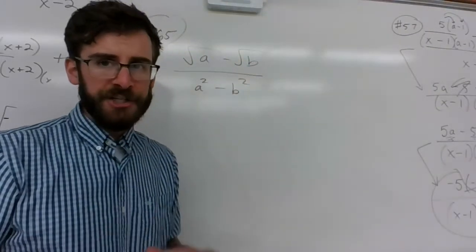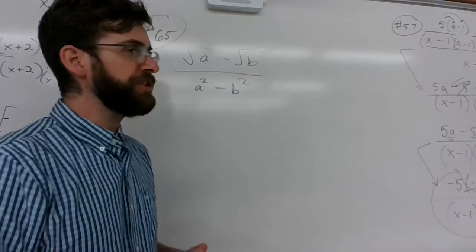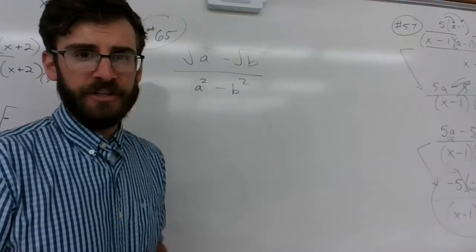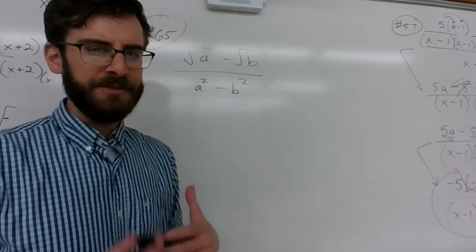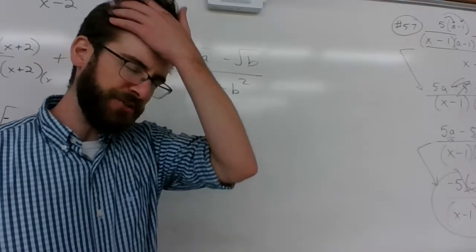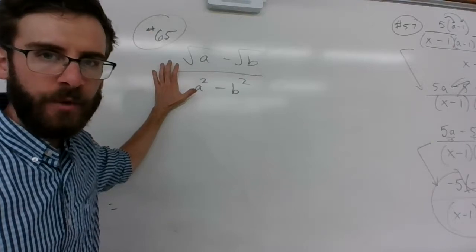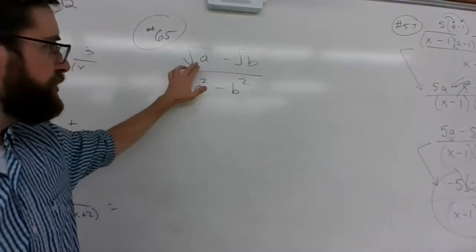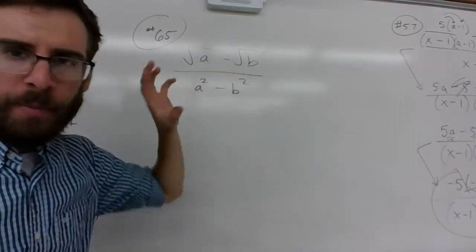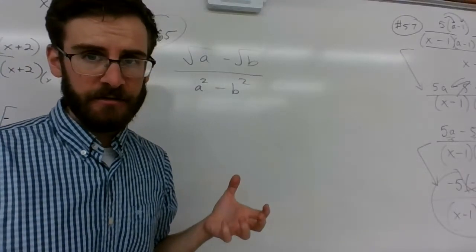They say rationalize the numerator, which is interesting because people usually don't do that. But sometimes just being able to follow instructions is a task all its own. So to rationalize something means to write it without any radicals. So when you see root a minus root b, you've got to go back to that concept of the conjugate.